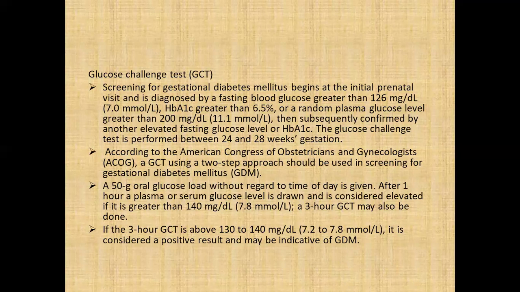Then when the baby is born, because the body is used to excess glucose and more insulin was being produced, the insulin will keep on being produced. And so the body is producing more insulin. But the glucose that the baby will be getting from the breast milk will not be that much compared to the insulin that is being produced.